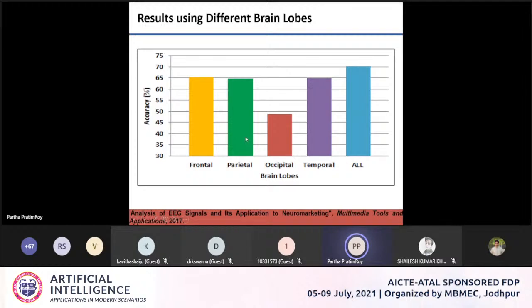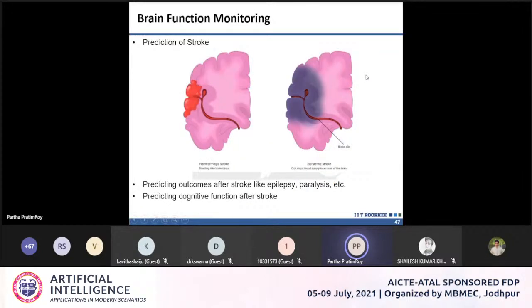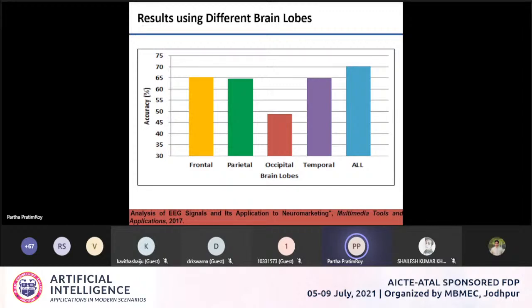If we use the occipital or other parts, the accuracy is not good. But if we combine the results of all the electrodes we have placed, the performance is a little better. So if it is 65%, we get 70% accuracy. Any doubts here till now?